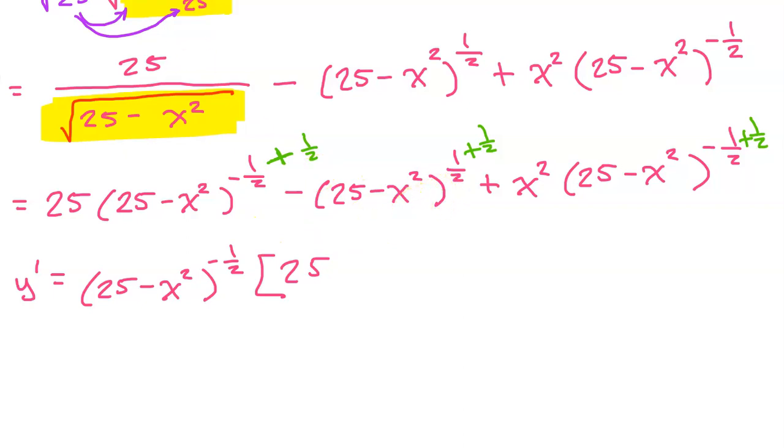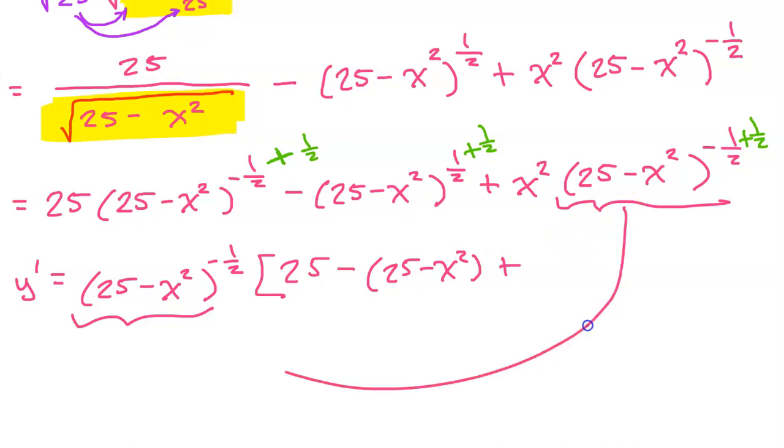Anyway, on the next one, the middle term, we have 1/2 plus 1/2. That is a whole. So I'm going to have just minus 25 minus x squared to the 1 power, which I don't even need to write. On the third term, again, you can look at this as, well, wait a minute, this is the factor, exactly what I pulled out to the front. So this entire thing is now gone, and I will just be left with x squared.